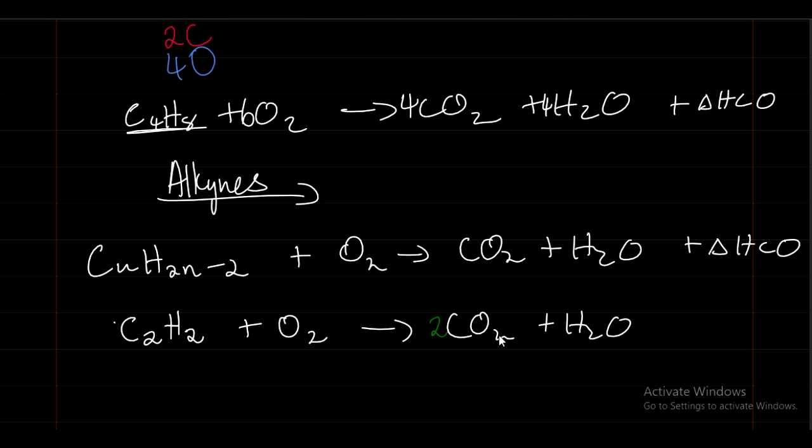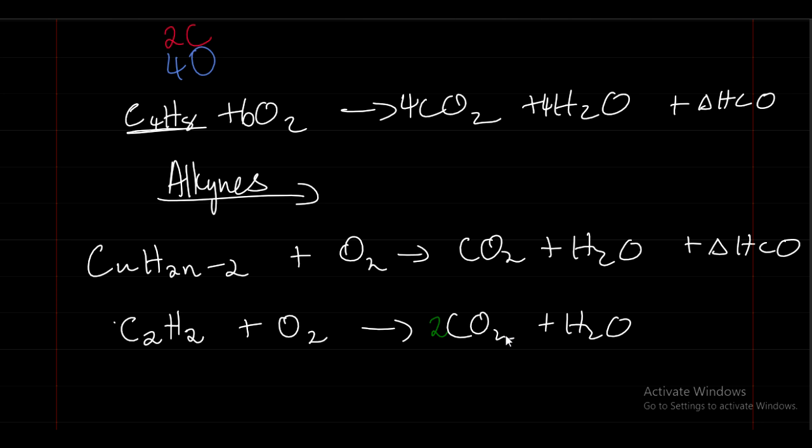2 times 2, which is what? 4. 4 plus 1 is 5. So remember that already this is on a multiple of 2. This will never be 5, okay? Because this can never be 5. It means that I must have even numbers when it comes to carbon dioxide and water.